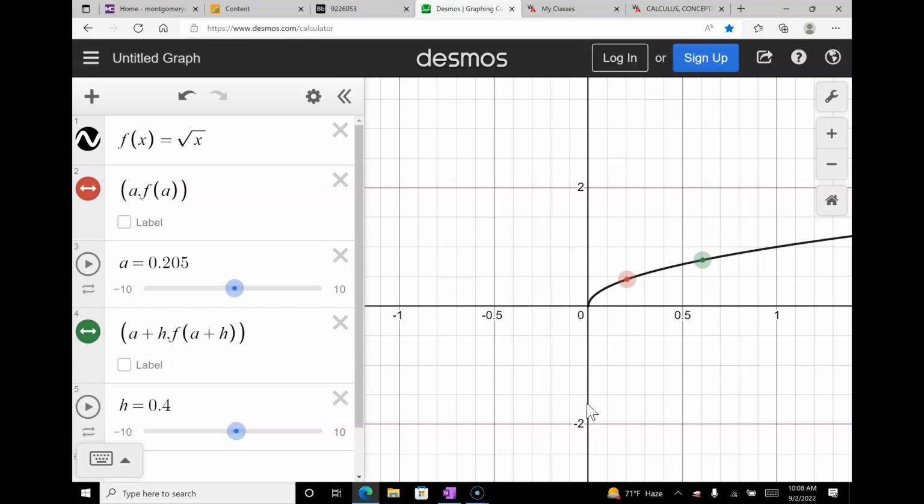Yes, it gives you a function. It looks right away like the square root of x, right? There's a little library of functions in there. Don't make it negative. Yeah, okay.